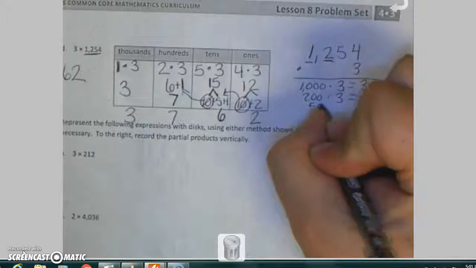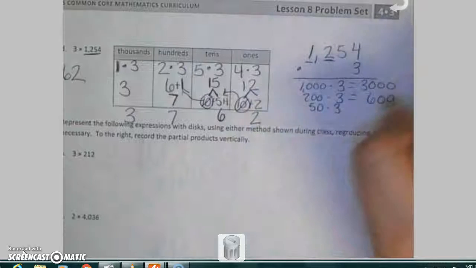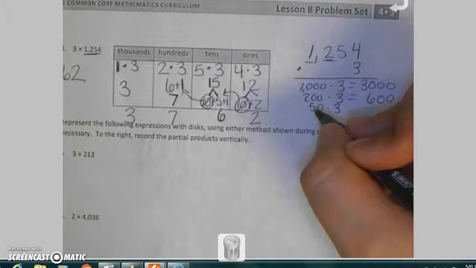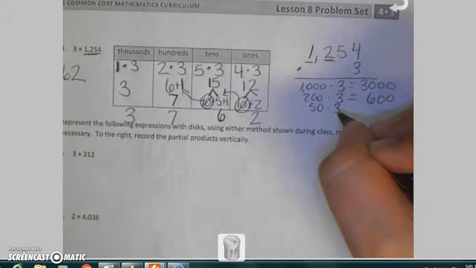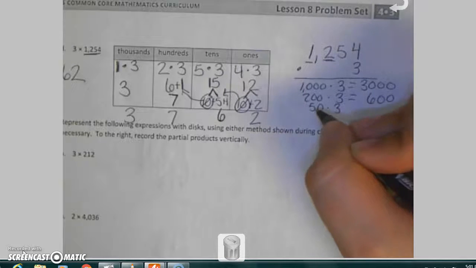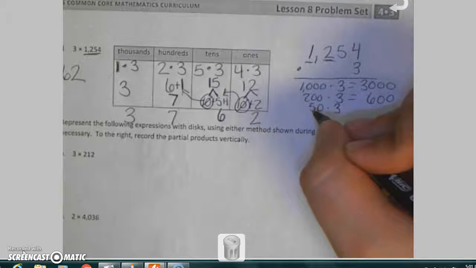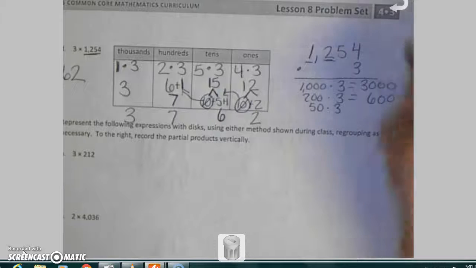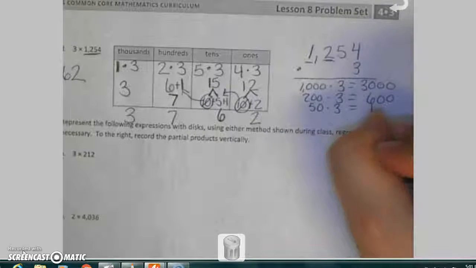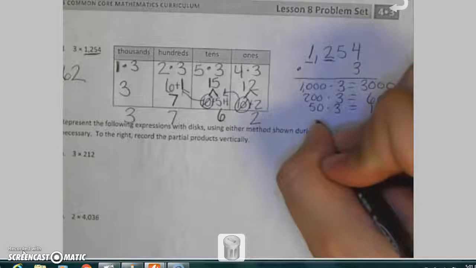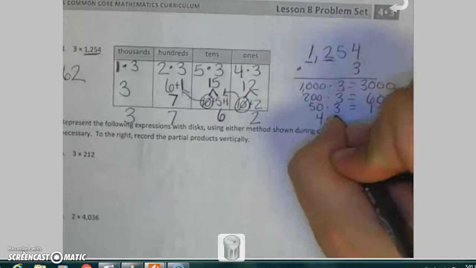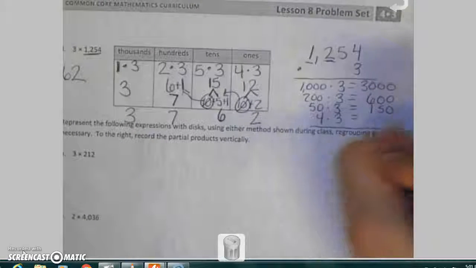This is 50 times 3. This one's a little challenging. But if I know 100 times 3 is 300, then 50 is half of 100, so that should be 150. Or I can think of it as 3 times 5, which is 15, times 10, which is 150. And then finally I have 4 times 3, which is 12.